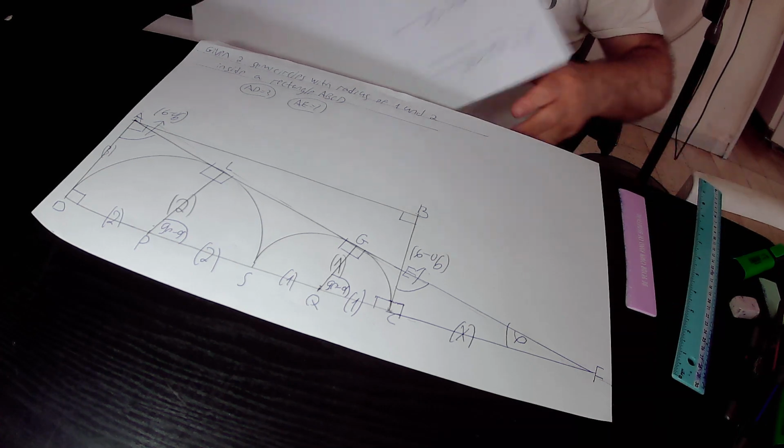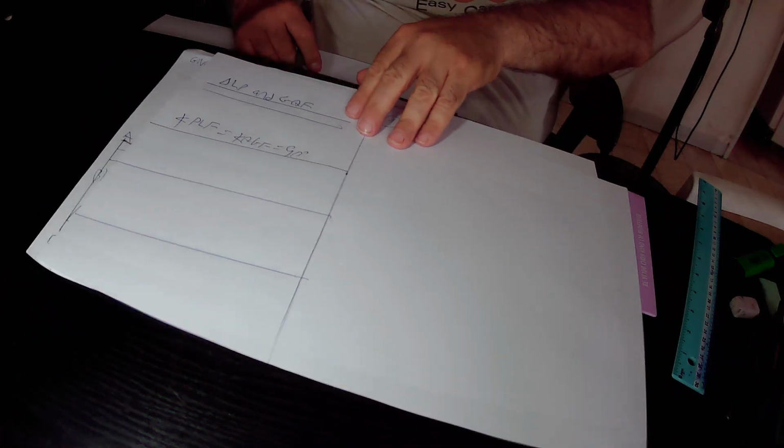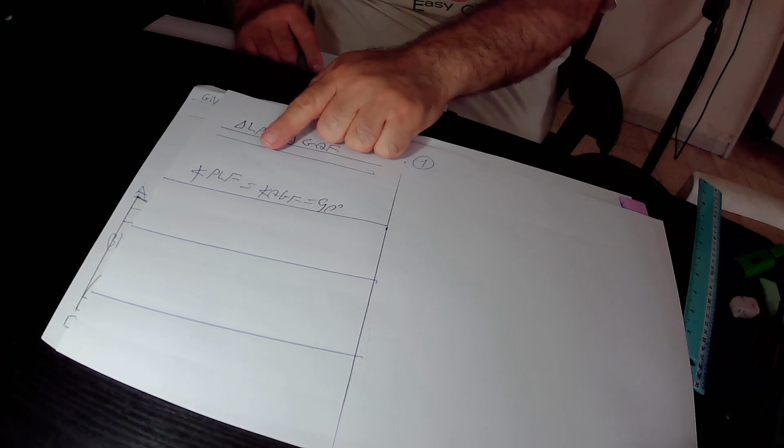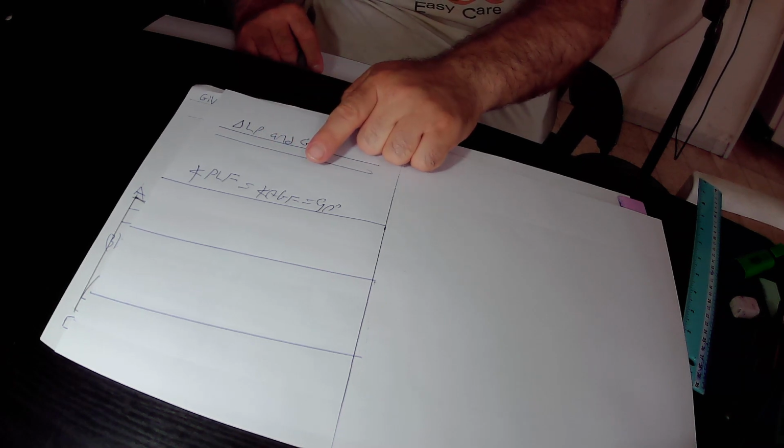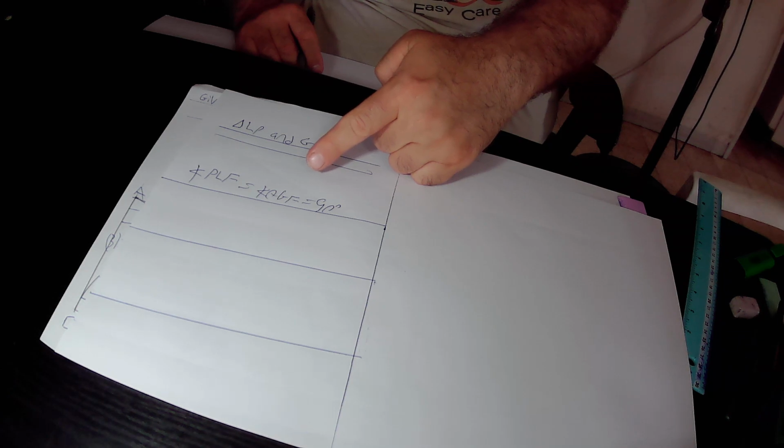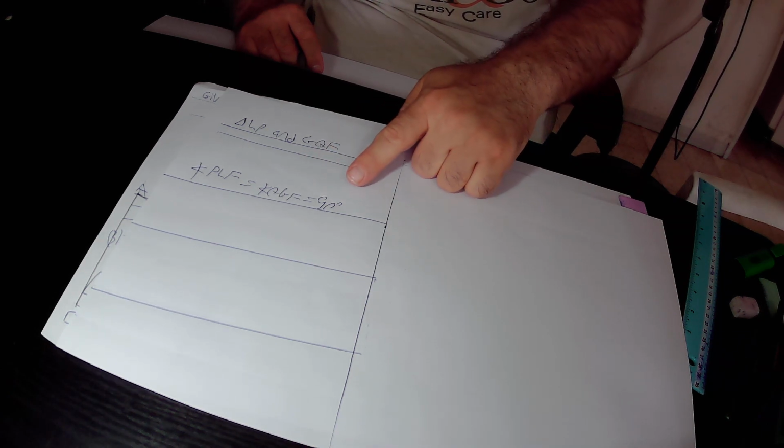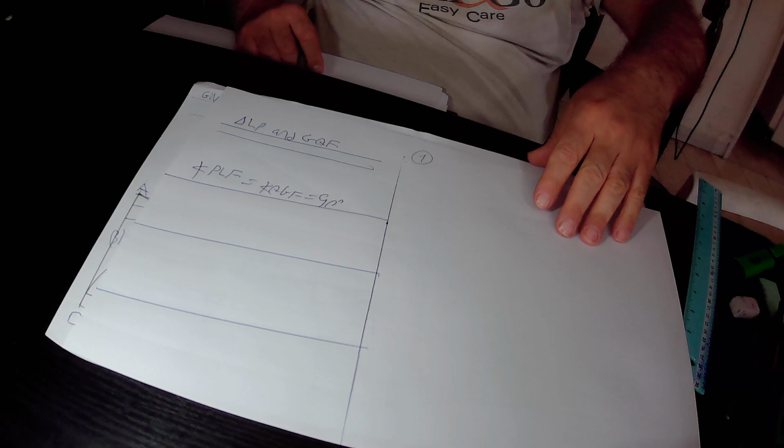So repeat again: angle PLF in the big right triangle LFP equals angle QGF in the small right triangle GQF. They're both equal to 90 degrees, and therefore they are equal to each other.